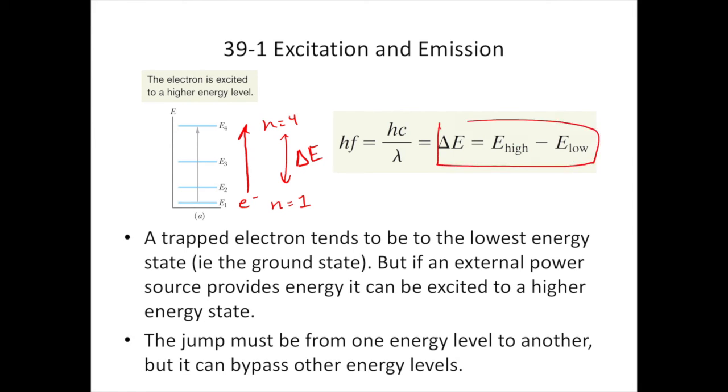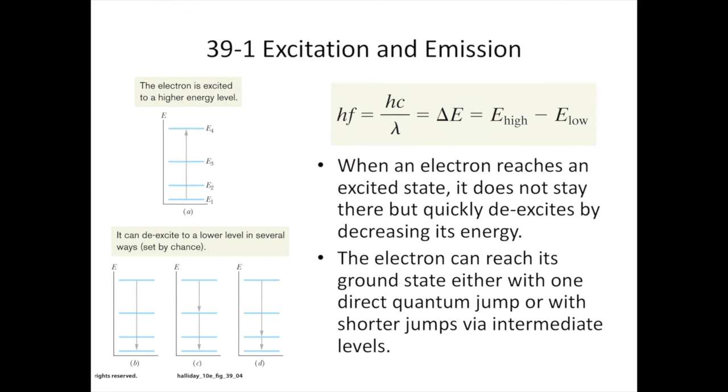And so that delta E is just energy high minus energy low, and usually we relate that to the energy of a photon, right? And this is referred to as absorption, right? That an electron or any particle can gain a delta E by absorbing a photon.